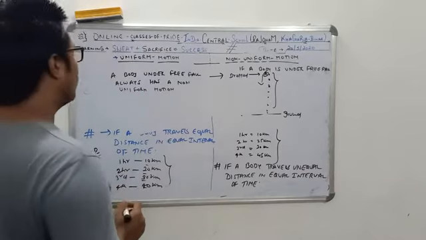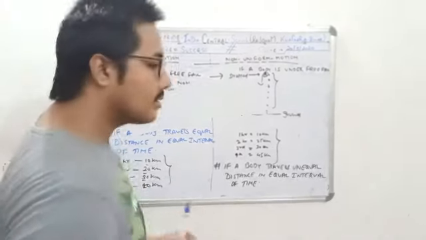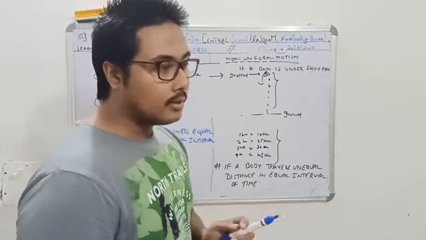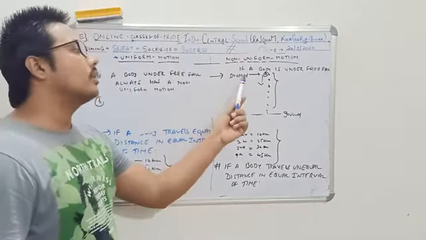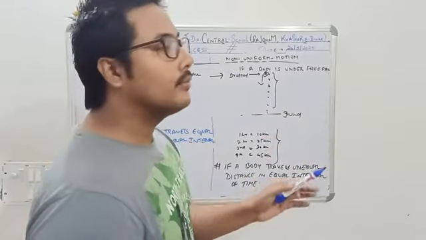Why? Because you will come to study about this in the coming chapters. In class 9th you have a chapter known as gravitation. In that you will come to know why a body under free fall is under non-uniform motion.